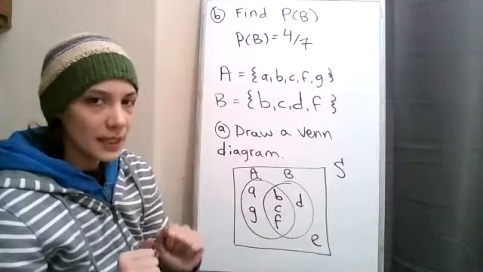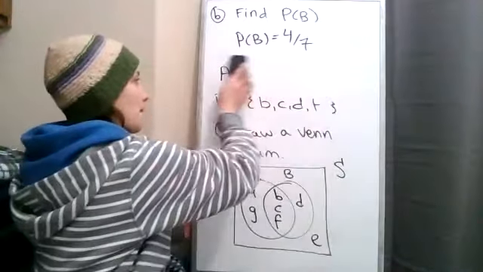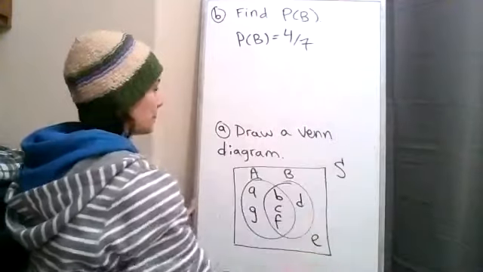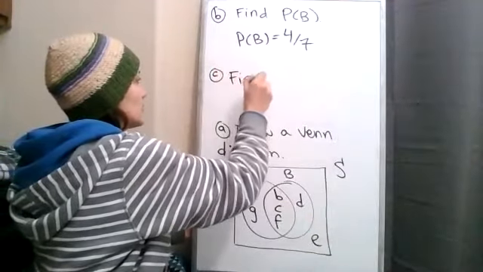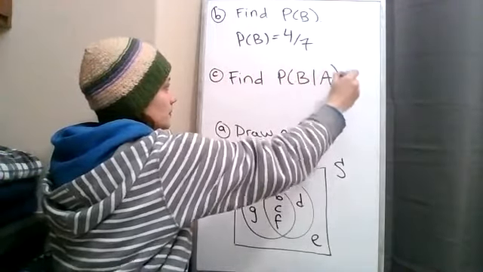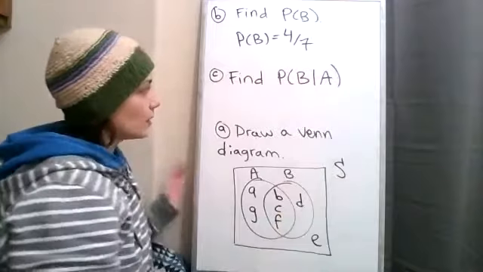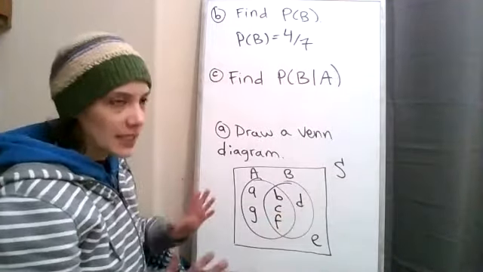Let's find the probability of B given A. We're going to do the formula first, and then we'll talk about restricting the space.